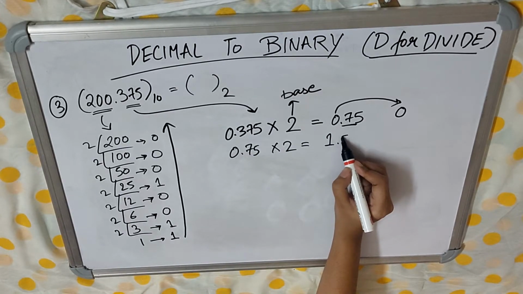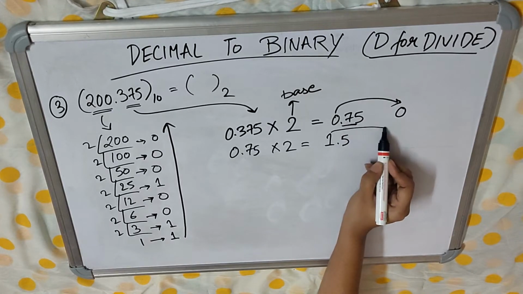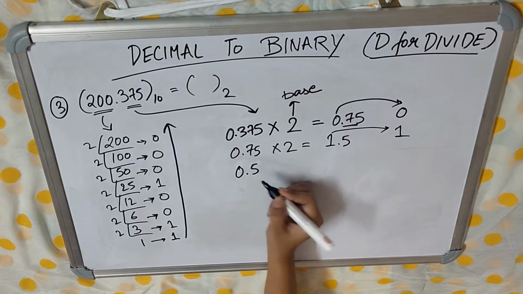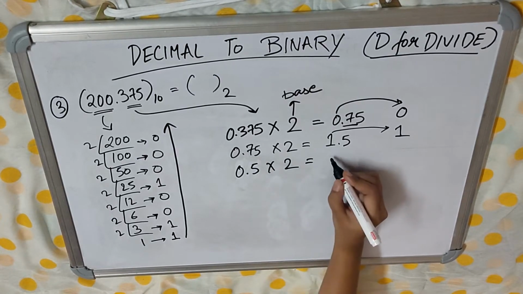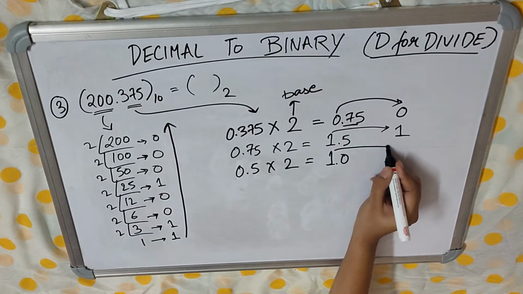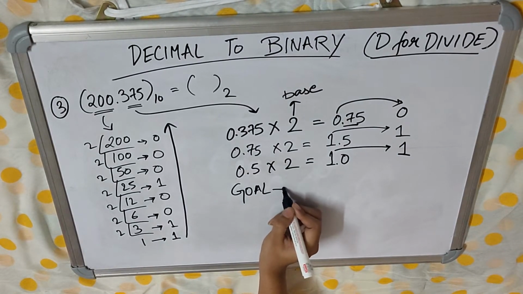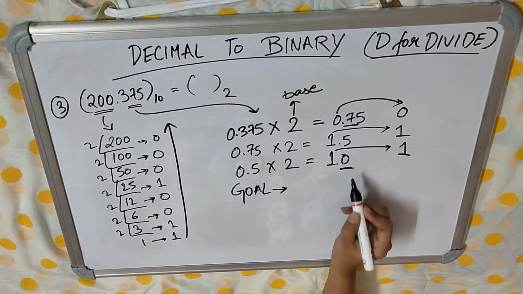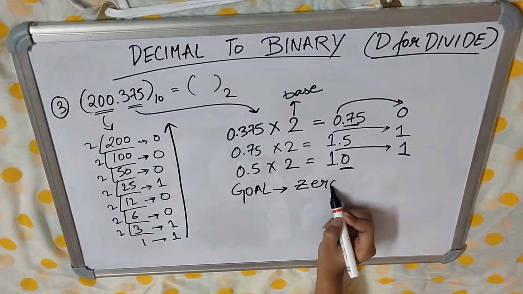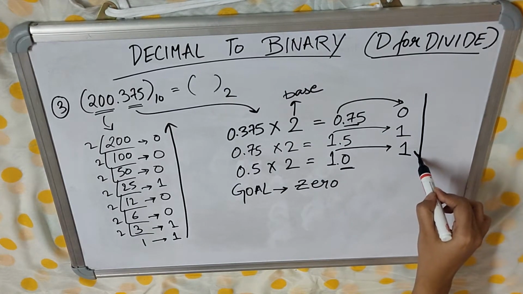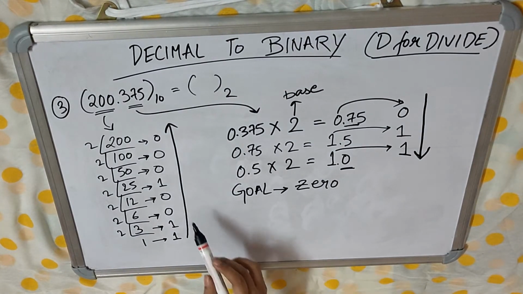Again multiply by 2, 1.5. We take the numerical part of it, 1. We take the part after the decimal, that's 0.5, multiply with 2 and we get 1. We take the numerical part, that is 1, and we have our answer. So our goal is to multiply as long as we can nullify the decimal, that is we get 0 as the decimal part, and we write the process from top to bottom.